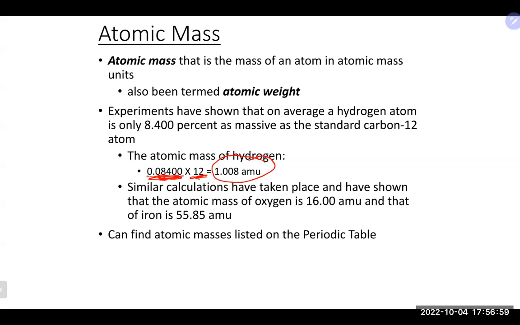Similar calculations can be found for the other elements on the periodic table. And unit-wise, when you pull something off the periodic table like that, 1.008 AMU in an atom is one version of units that we could use with that number.